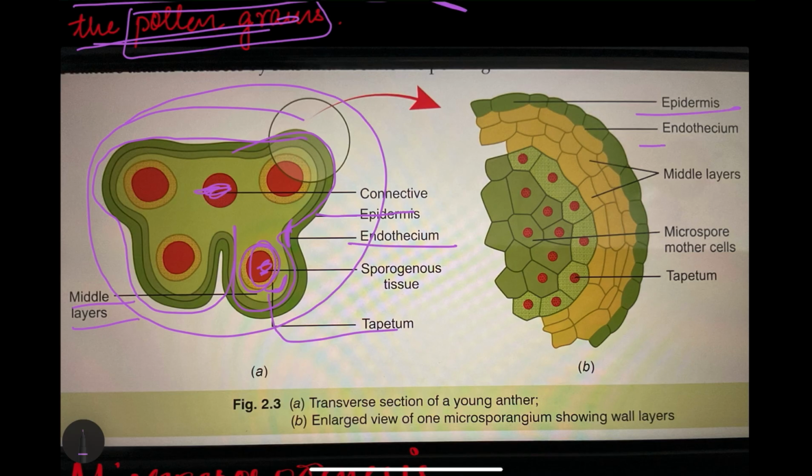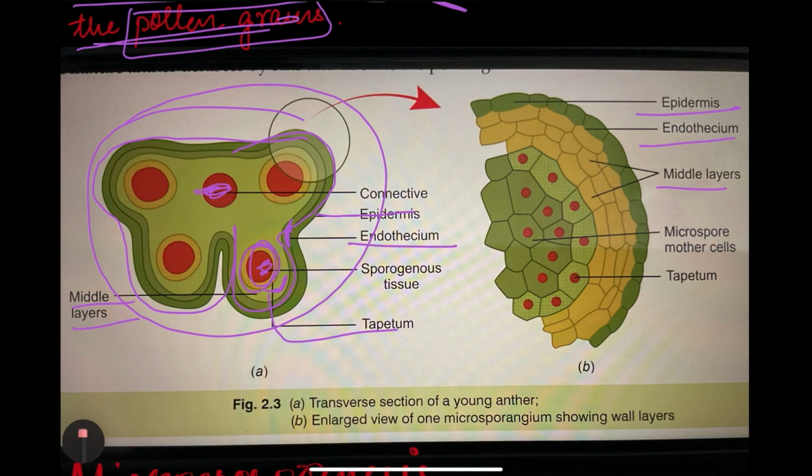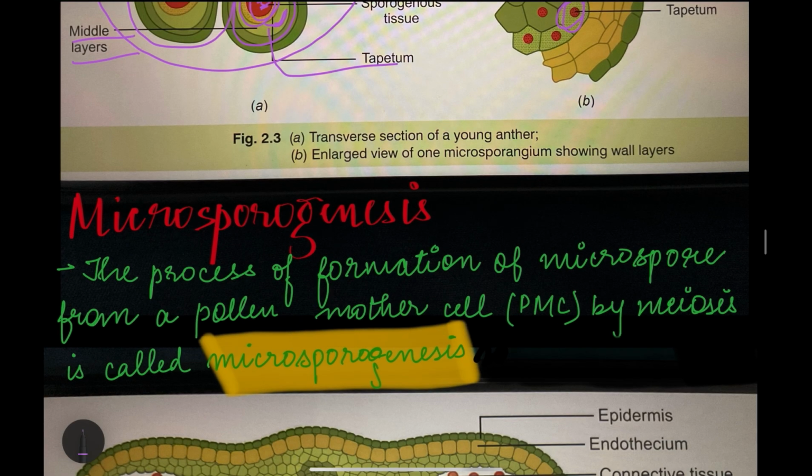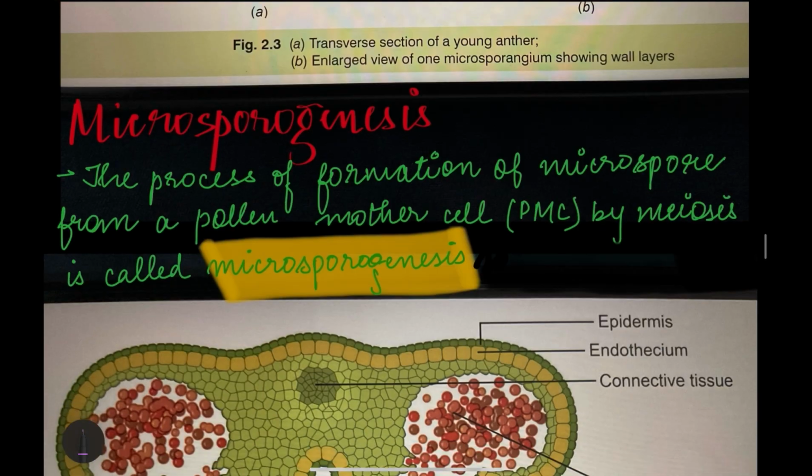Epidermis, endothecium, middle layers, microspore mother cells. These cells only develop, mature, and undergo dehiscence to form the pollen grains. And these tapetum cells provide nourishment. Now, the formation of pollen grains from the pollen mother cells occurs through the process of microsporogenesis. Let's see the process.